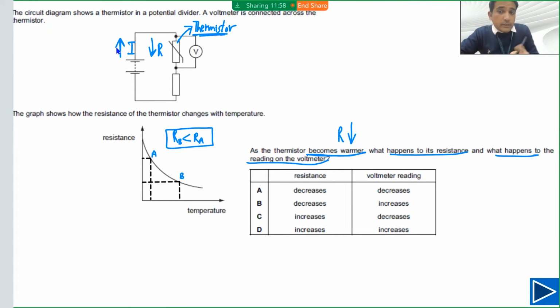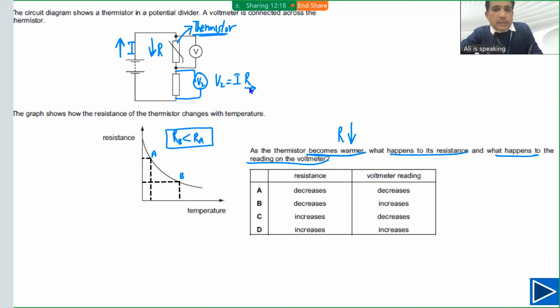If current in the circuit increases, and if I connect voltmeter here, let's say this is voltmeter 2, how about the reading on this one? V2 is equal to I times R, where R is the resistance of this resistor. If resistance of this one is the same but current increased, it means this reading will increase.